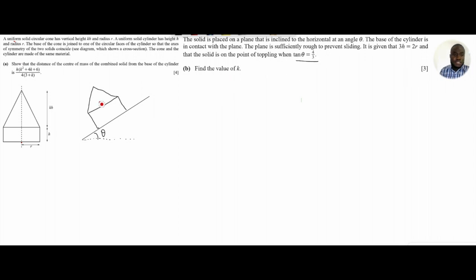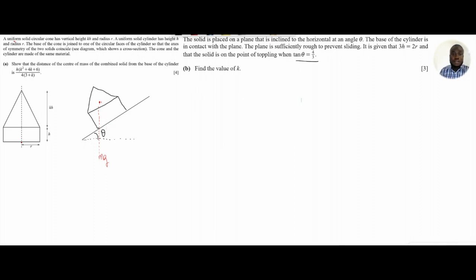Now if this is the center of mass of our solid, for this whole thing to be at the point of toppling, the line of action of the weight should be passing through the edge. So the weight should be acting, of course, passing through the center of mass and also through the edge.